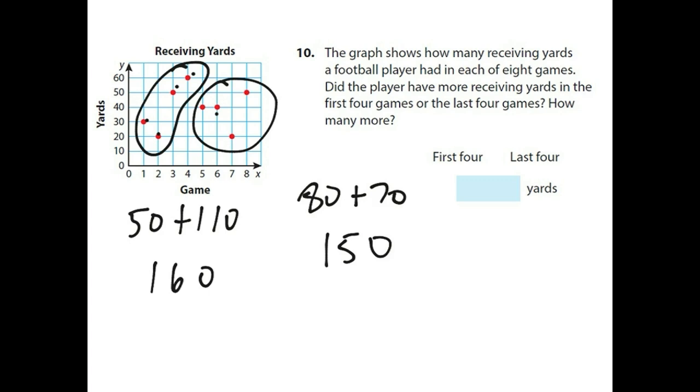So it would be the first 4. And how many yards? Well, 160 minus 150 is 10 yards. All right, so again, just got to pay attention to what data the graph gives you, and pay attention to what the question asks, and do the needed math.